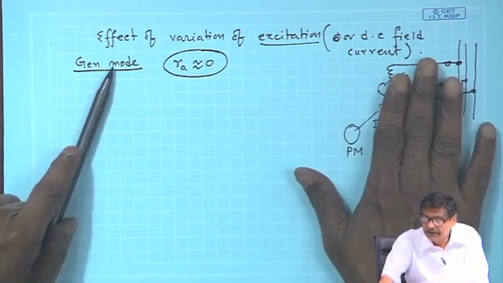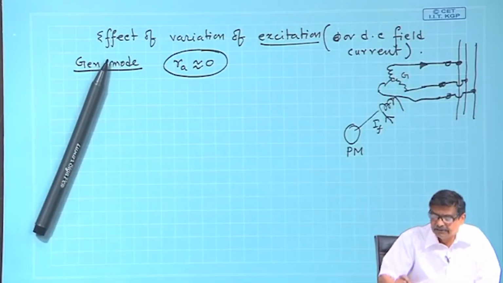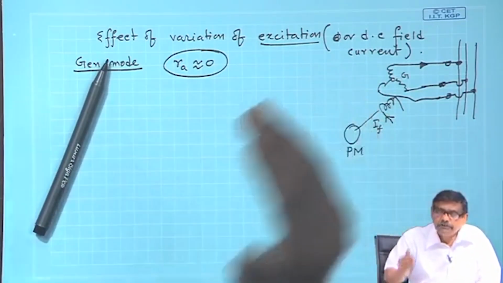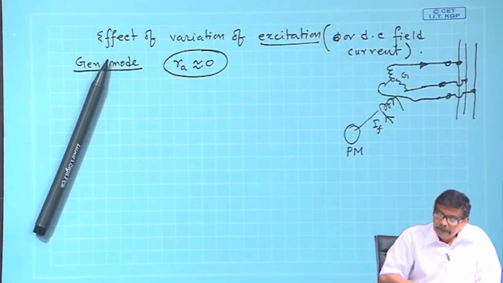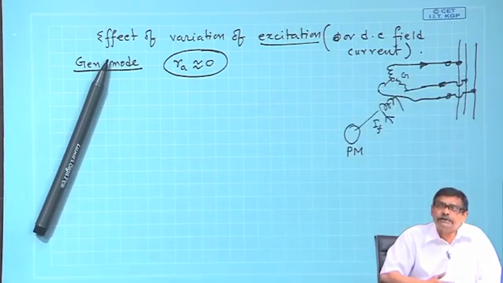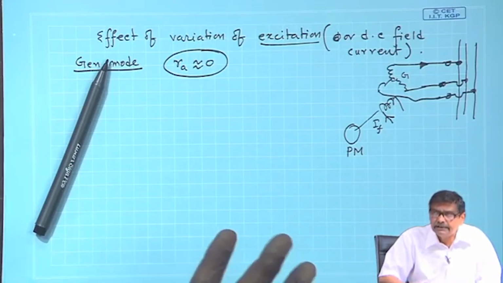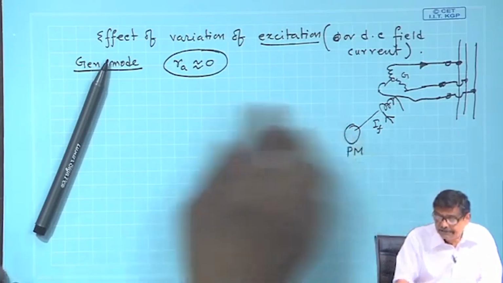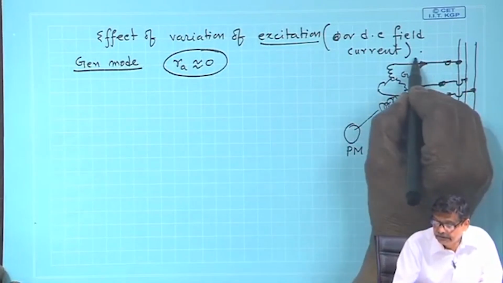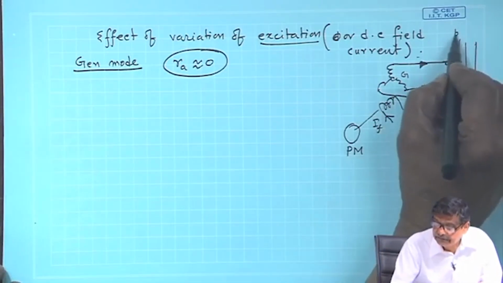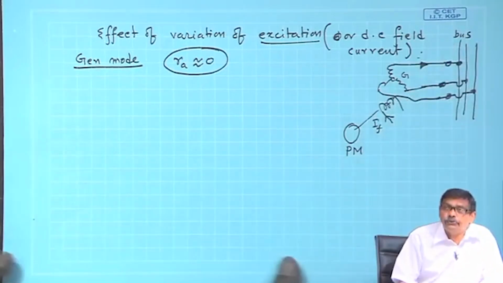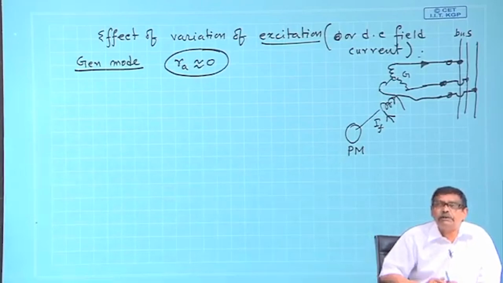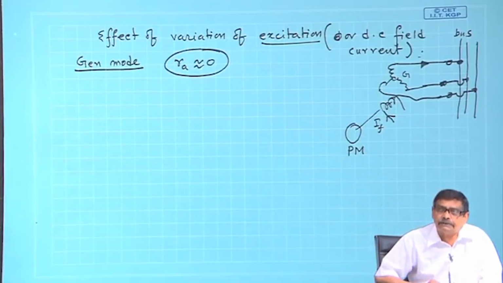See, after you have synchronized, let me spend a few sentences. After you have synchronized the machine, this synchronous machine is said to be floating on the bus. It is neither operating as a generator nor as a motor. If you want to operate it as a generator, meaning that this generator will feed power or current into the bus, this is the bus, what you have to do is increase the steam input, if it is a steam turbine.